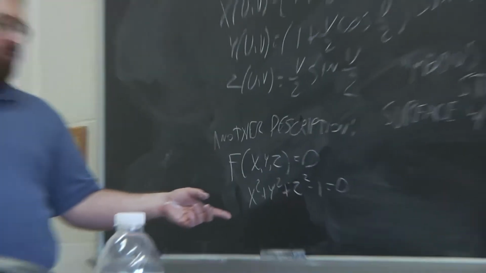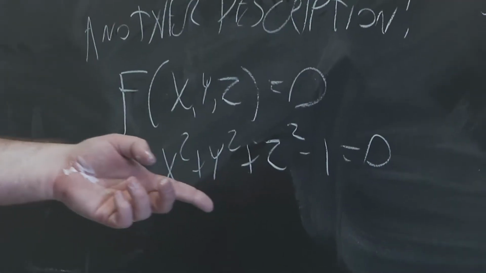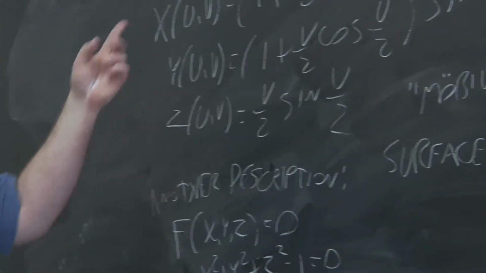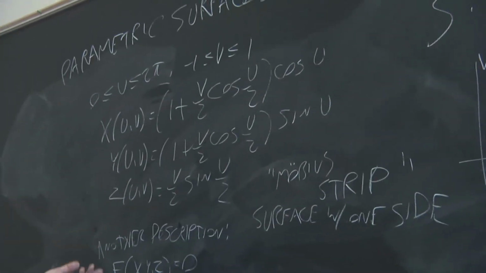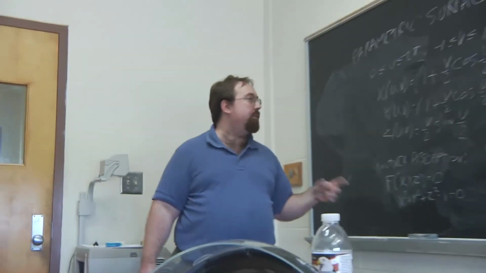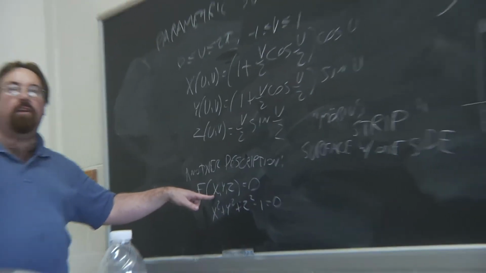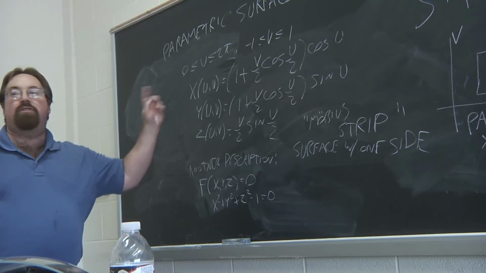Now, we know how to describe a sphere this way, and we know how to describe a sphere using parametric equations, because we can use spherical coordinates. So most surfaces can be described either way, using parametric equations or as a level set of a function of 3 variables. But the Mobius strip is different.